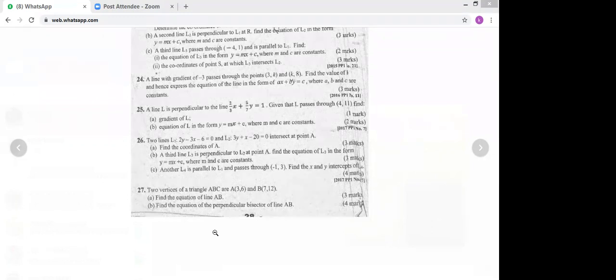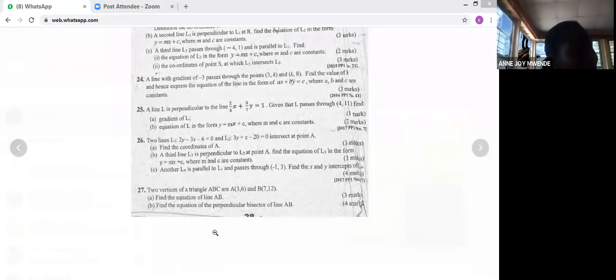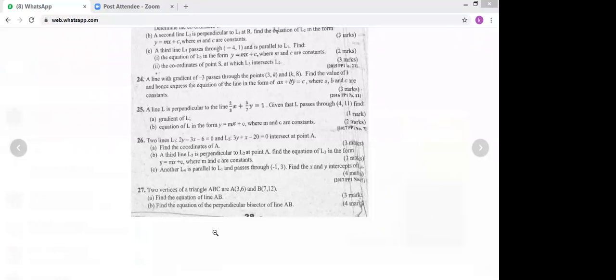I'm the one who has answered that question. Okay, why have you written y equals 3x plus 0? Yes, I looked at the gradient of line 2, and I got -1 over 3.